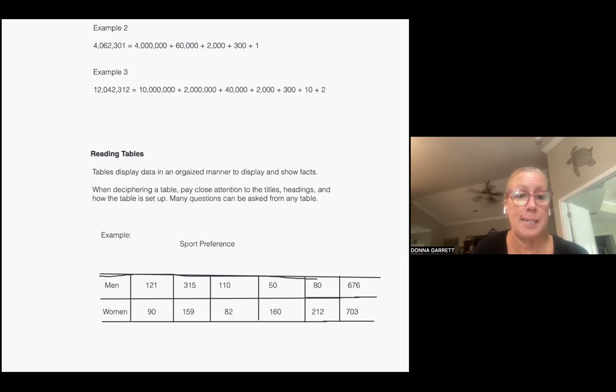I don't know how true this data is, but baseball. Football. Ice hockey. Gymnastics. Soccer. And these are totals.